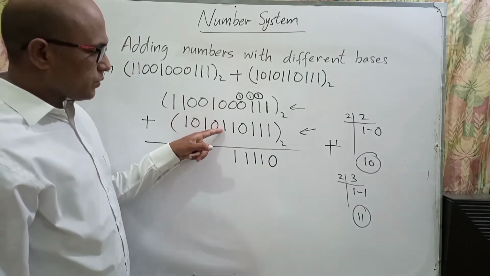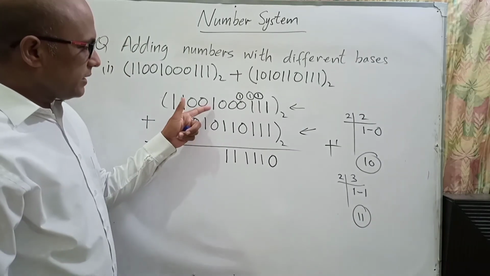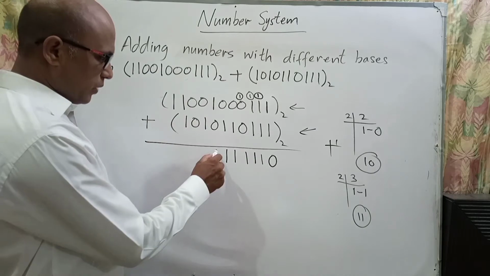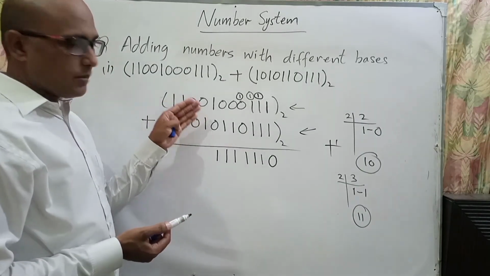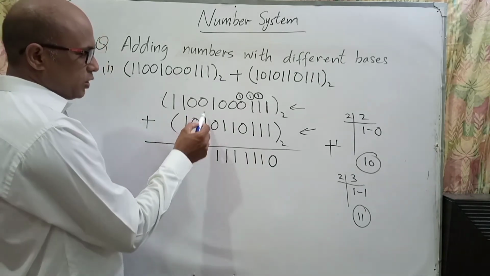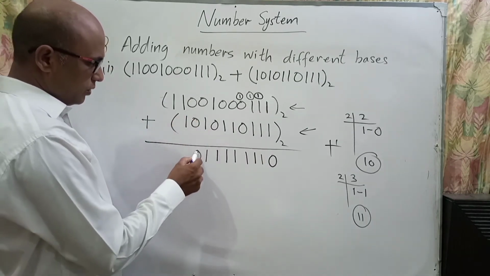Next, 0 plus 1 is 1. 1 will be written as it is again. 1 plus 0 is 1, because they are not greater than 2, so we'll write them as they are. Again, 0 plus 1 is 1. 0 plus 0 is 0.